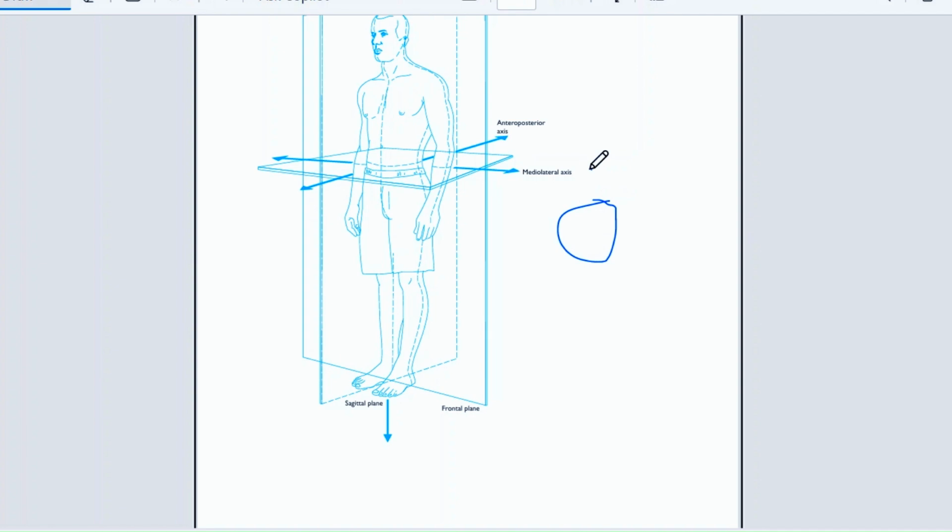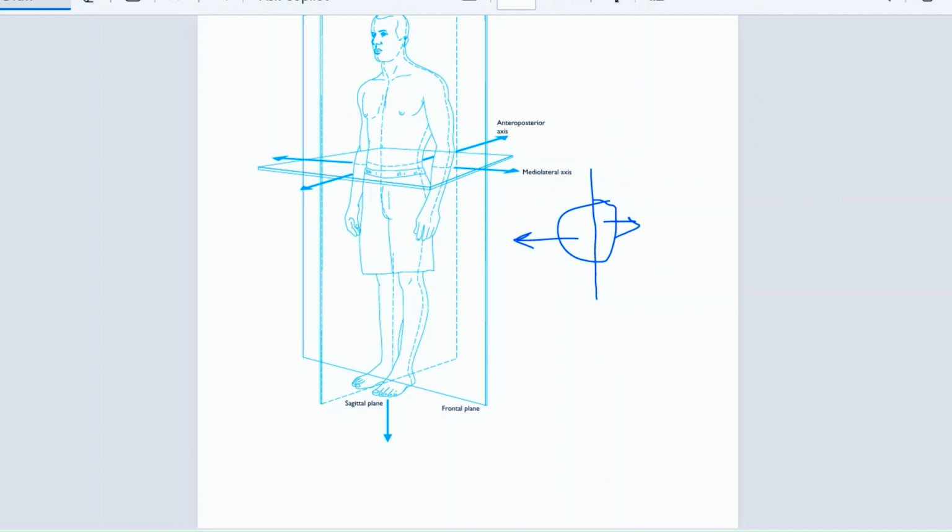You can split it out. This part is the front part, and this area is the back side of the human body. So this is the anterior half, and this is the posterior half. This line is the frontal plane that divides the body into front and back halves.